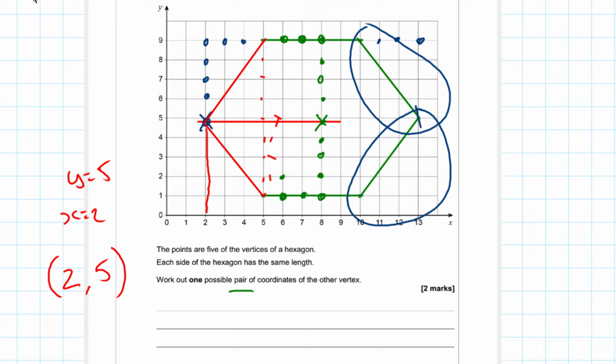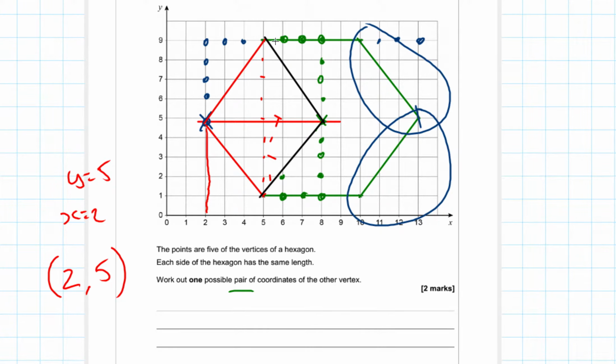So the second answer that you can have, and this is the other coordinate, remember we're looking for 2 coordinates, is this one here. So this point here gives you the second pair of coordinates. Again, they are exactly the same length because they are 3 in the horizontal axis and 4 in the vertical axis for both sides, which matches what's on the other side, which is what's happening on the right hand side here.